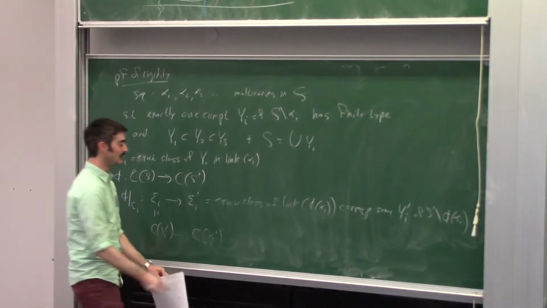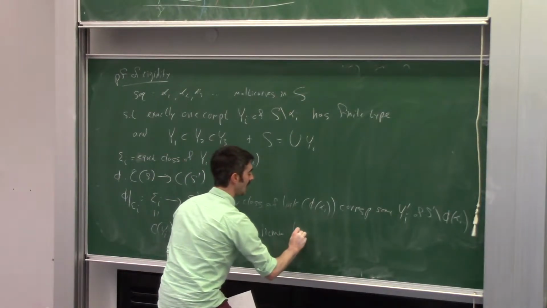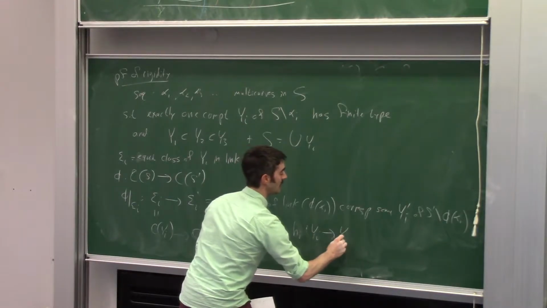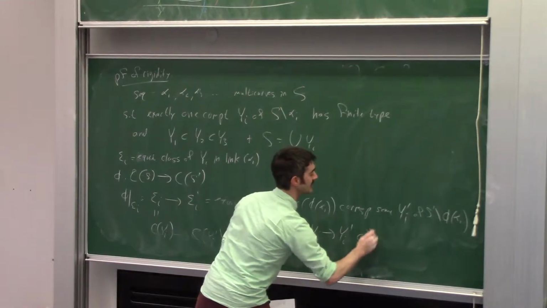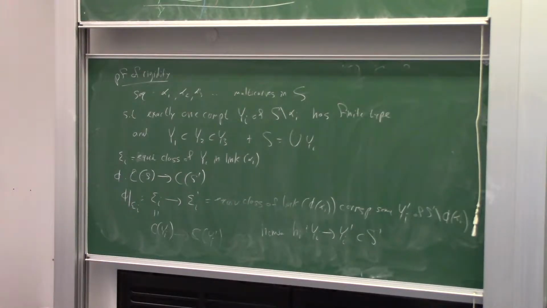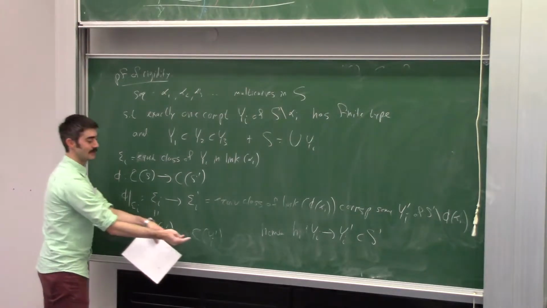So the classical result says that I get a homeomorphism h_i from Y_i to Y_i prime, which is sitting inside of S prime. So how do you know that Y_i prime is finite type? Well, because its curve complex is isomorphic to this curve complex, which has finite clique number. So that's fine. Yeah.